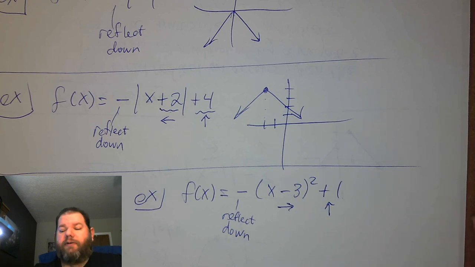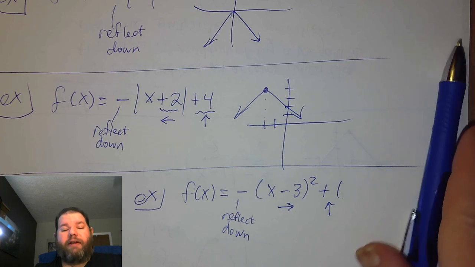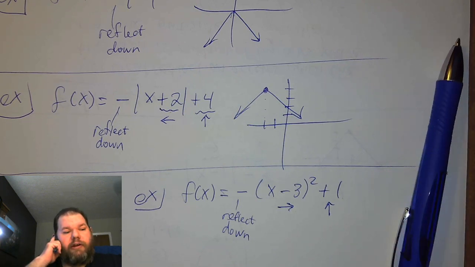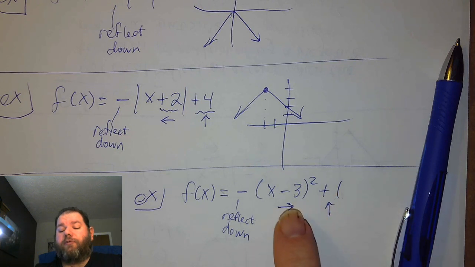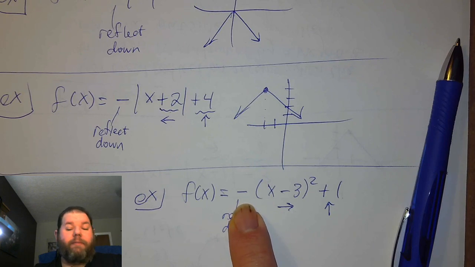You don't have to necessarily, at least when you're working on your own paper before you create the graph, but I think it's a nice way to get started. That way when we go to graph it in the next step, we know which directions we're going from the origin. We're going right 3, up 1, and then we'll just draw the graph going down instead of up.